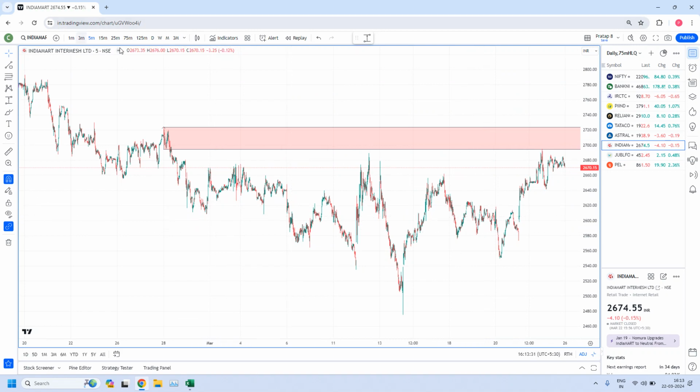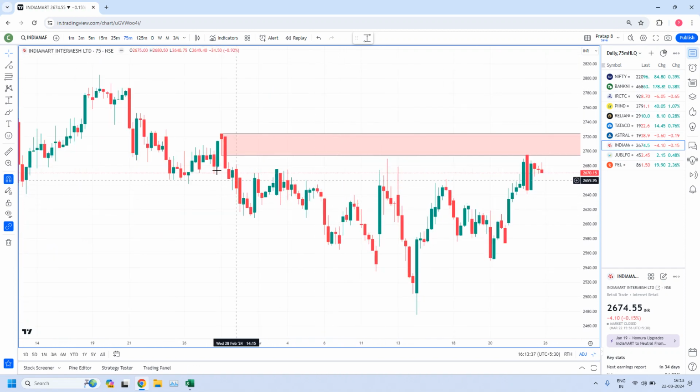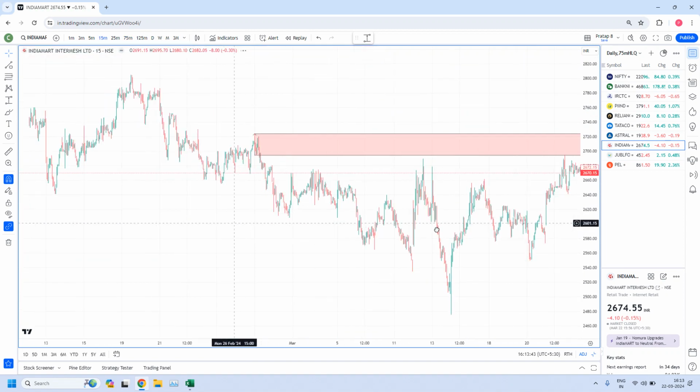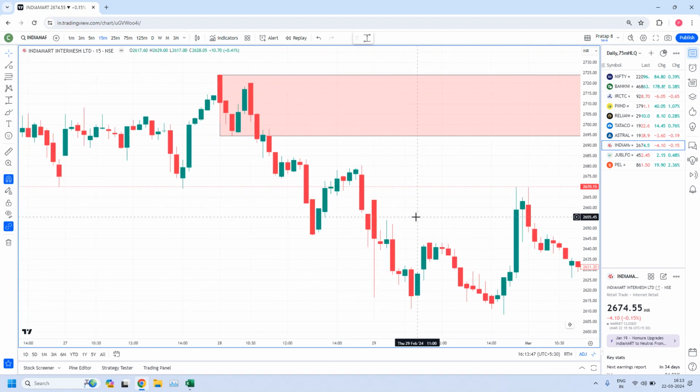See this zone, 75 minute zone. We have a rally based drop. And if you go to 15 minutes, the structure is not good. See here. But the only possibility you have is something like this.